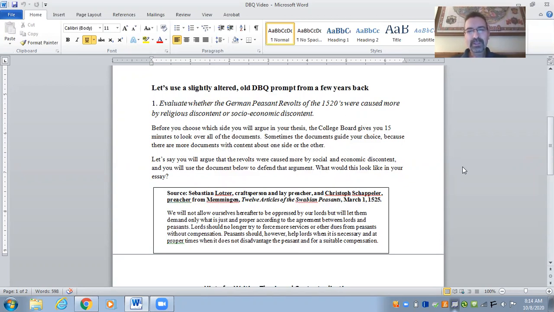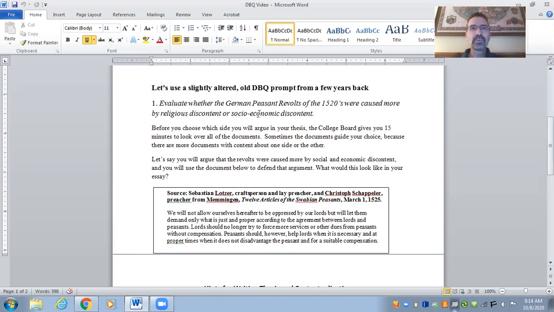Probably most important, though, you should mention the condition of peasants in general. The condition of peasants throughout the Middle Ages, remember, many of them were serfs. They were basically owned by their landlords. They were often overworked. They were often overtaxed, and they weren't treated very well. It was a pretty miserable life.